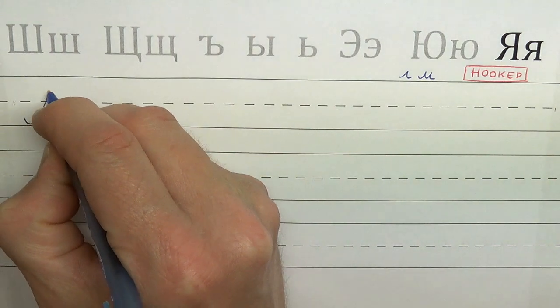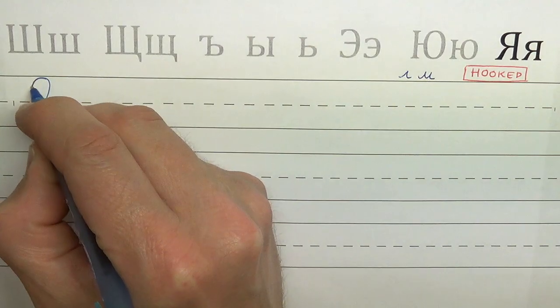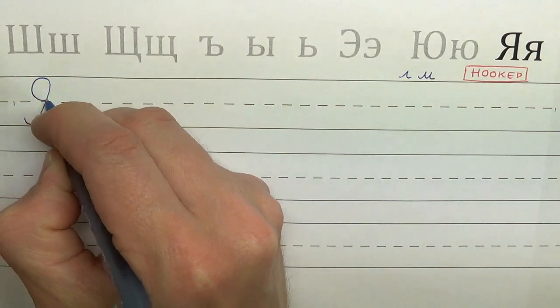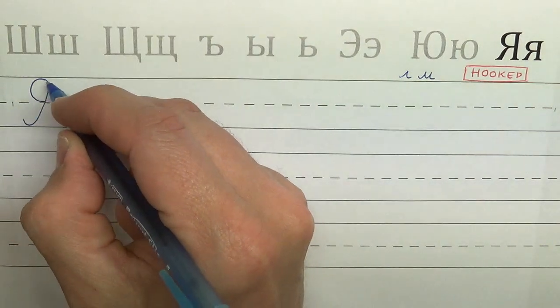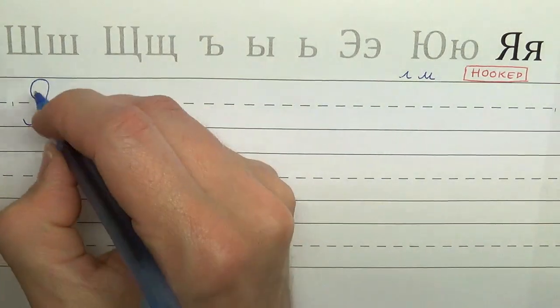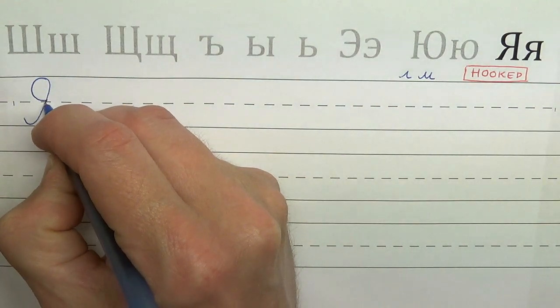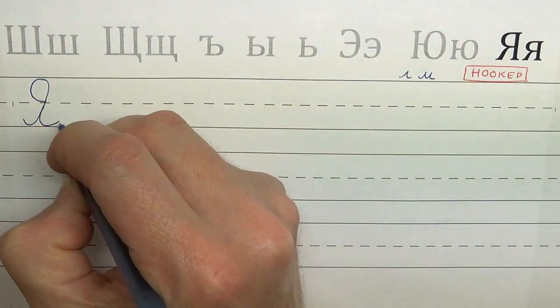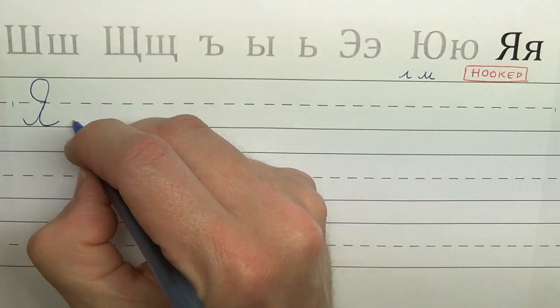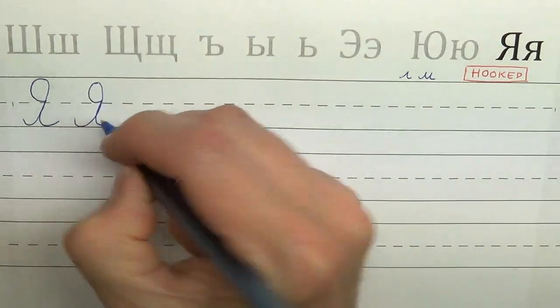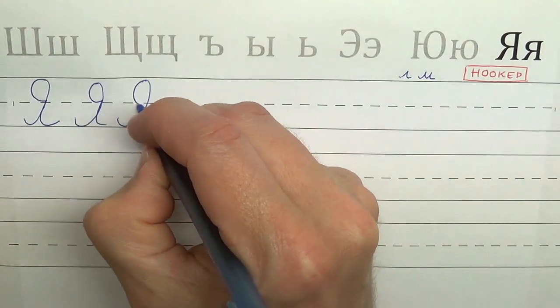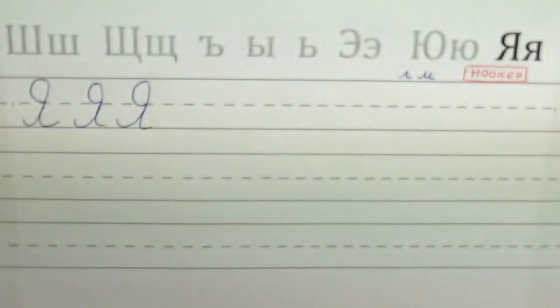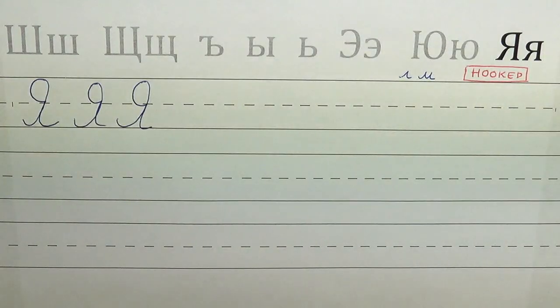goes up and then has a kind of oval, rounded part here, then retraces down and comes out and is a low out connect. So a capital Ya looks something like this.